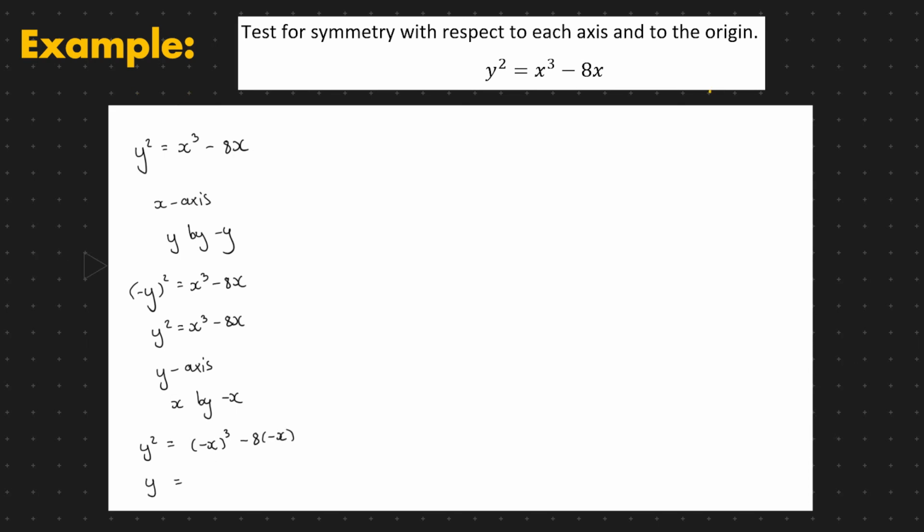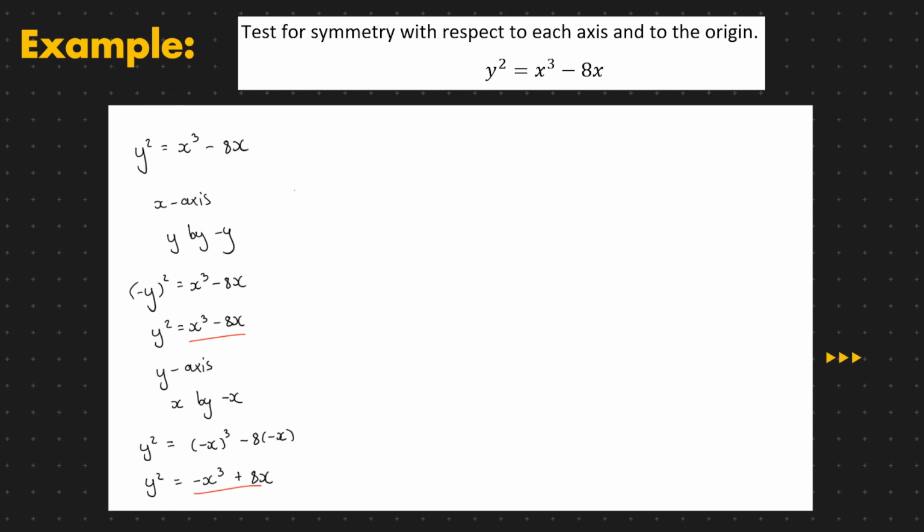So here we'll have y squared is equal to, so a negative times a negative is a positive, times a negative. That will give us negative x to the power of 3. And here we have negative 8 times negative x. So we'll have positive 8x. So now we can see that these two are not equivalent. So we have no symmetry in the y-axis.